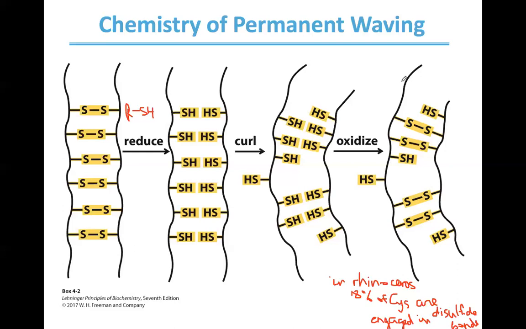And so you can change the orientation and change the hairstyle in a more or less permanent way, right? Until you apply this again, because of the strength of the disulfide linkages.